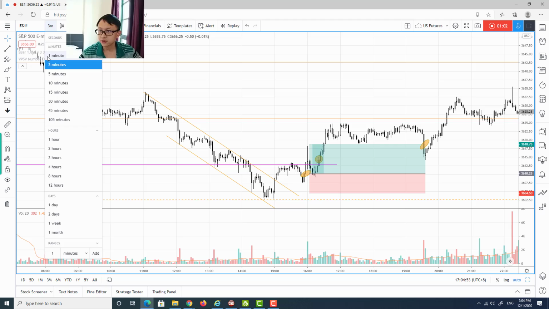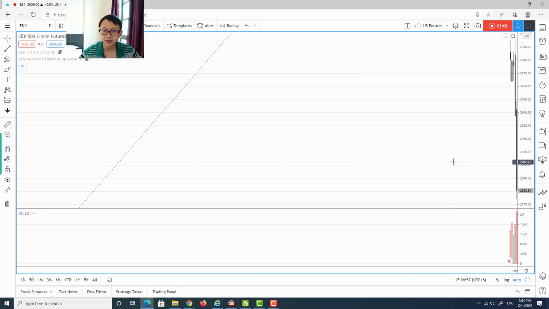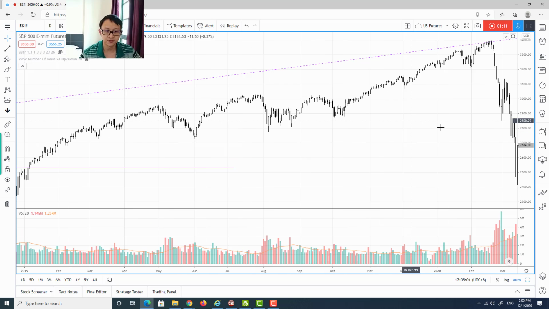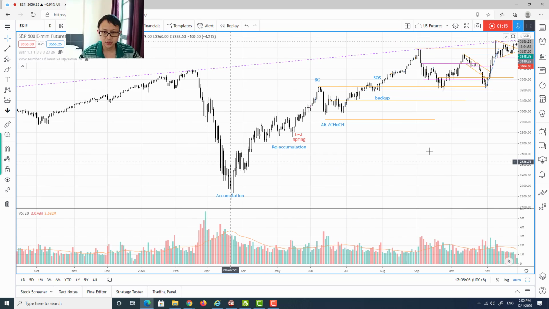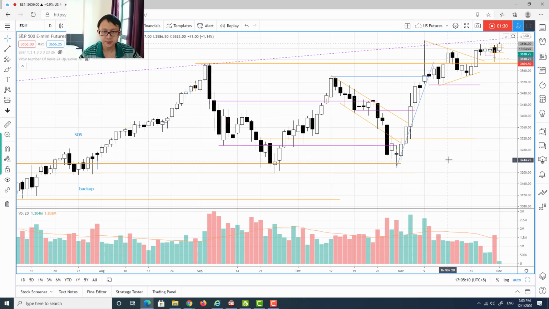First of all, let me get back to the daily time frame and let's just start from there. Let me just drag it to the right hand side of the chart. All right, so there we go. This is the daily chart for the S&P 500 E-mini futures. Finally, I think we get back to the normal session as reflected in this volume here, unlike the past 2 trading sessions, which had very low volume.